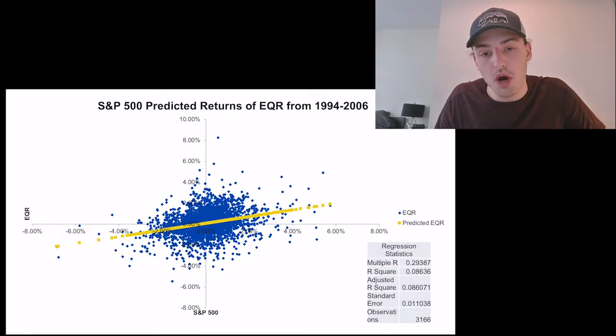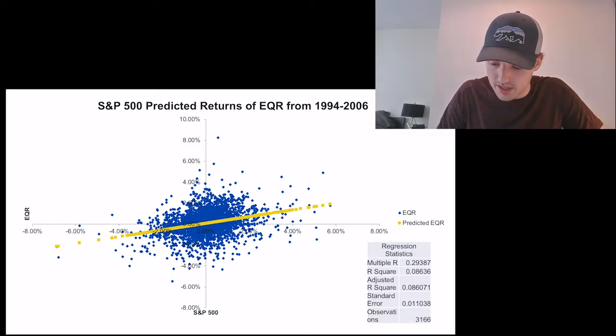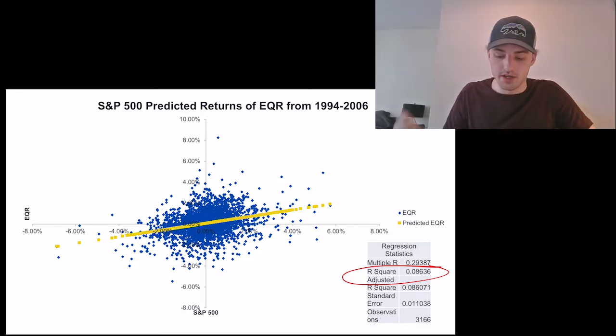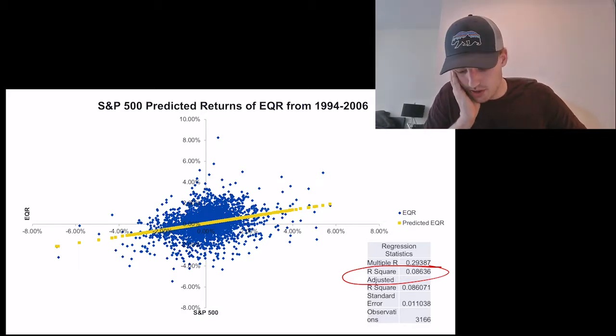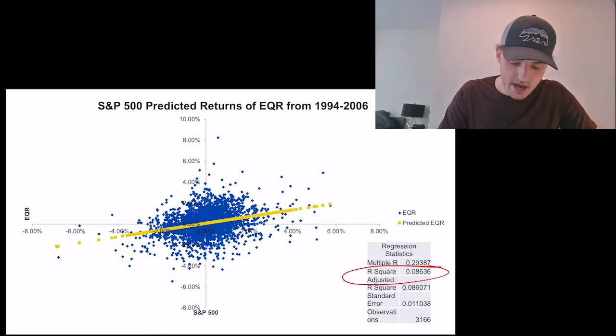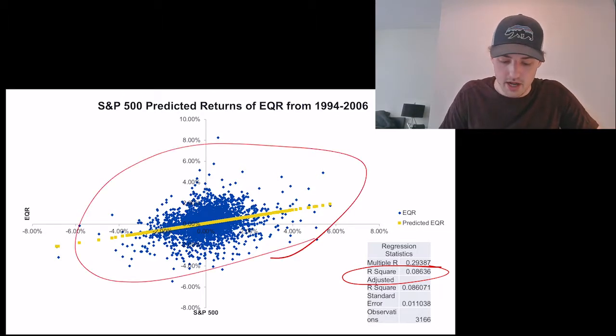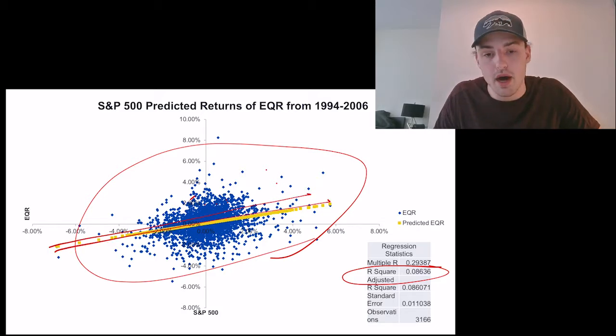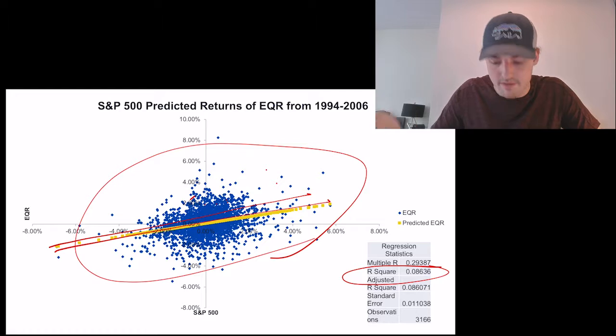Likewise, here's EQR, which is our other real estate investment trust that we analyzed, and once again the exact same things found. There's an R-squared value of 0.086, meaning almost no statistical significance, and once again that can be visually verified here by looking at all of these EQR actual return points versus what would be predicted by our linear regression if it was correlated to market performance with any significance.